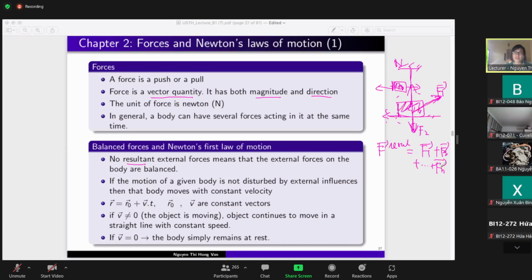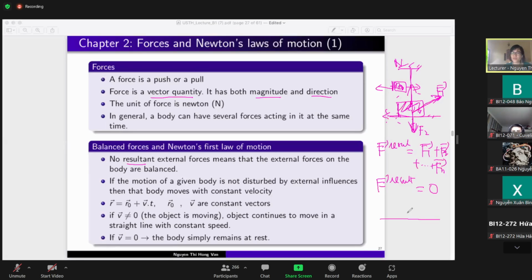And then in case all these forces are balanced, they are balanced if the resultant force is 0. Balance means you make the vector sum. Remember, you make the vector sum, and if it becomes 0, then the resultant force is 0, and then all the forces are balanced.